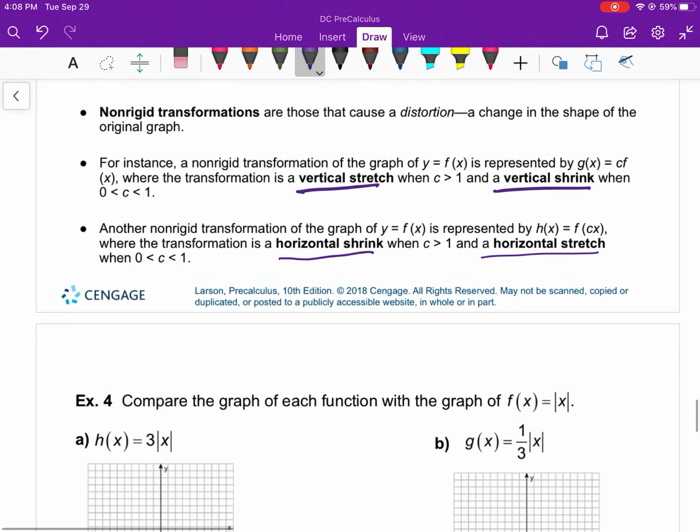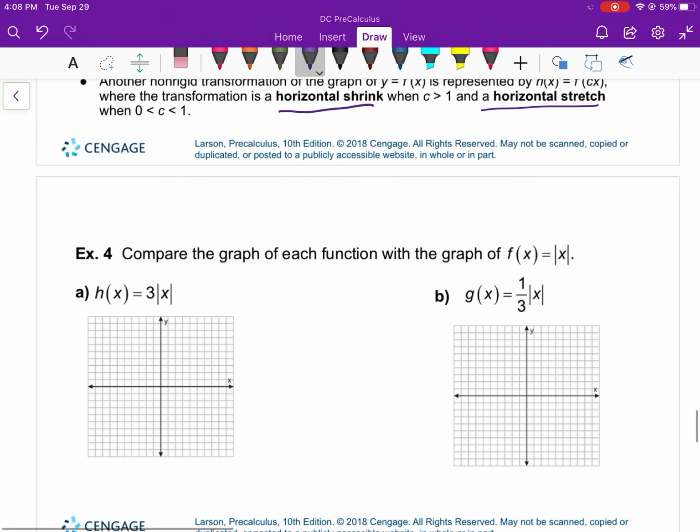So when it says here that c is between 0 and 1, so these are fractions, that's going to be a shrink. And when c is bigger than 1, that will be a vertical stretch. So this is a vertical stretch by a factor of 3. This is a vertical shrink by a factor of 1/3.